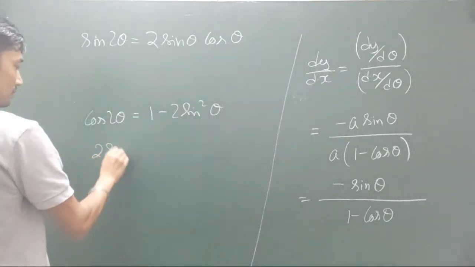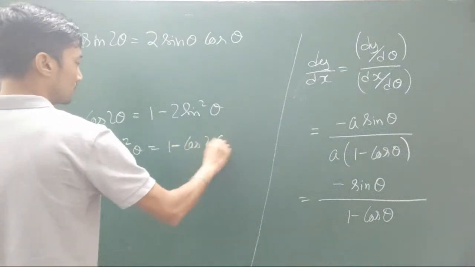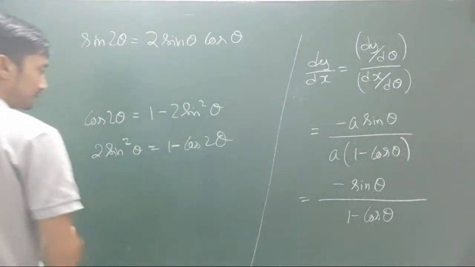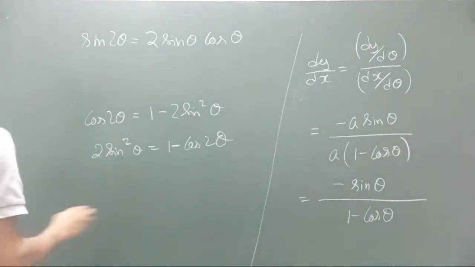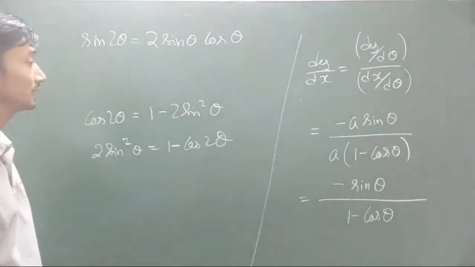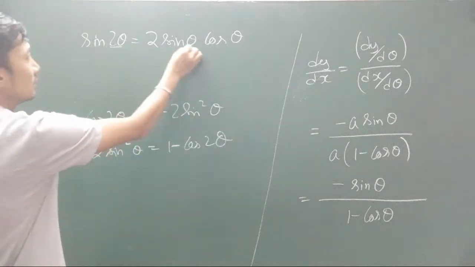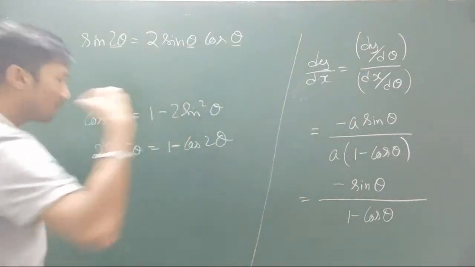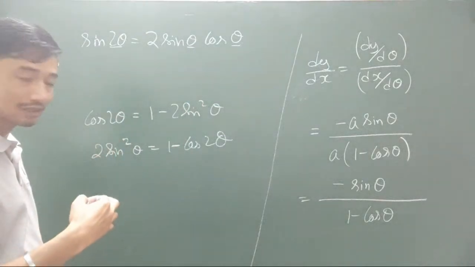So 2 sine square theta is 1 minus cos 2 theta. So when you go for the submultiple angles, that's like half angles. I think I've told you how to remember it. All you have to do is divide, just mentally, just for quick recollection, because every formula cannot be recollected by us.